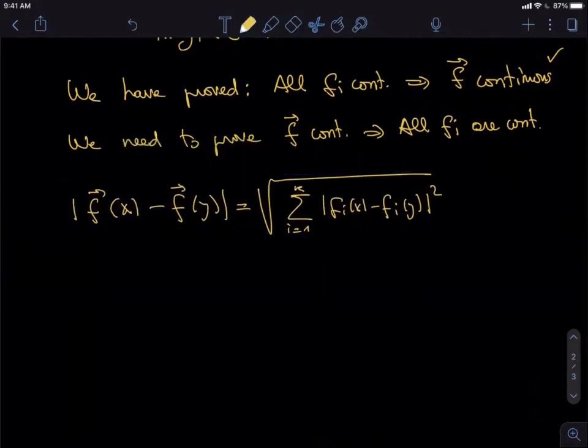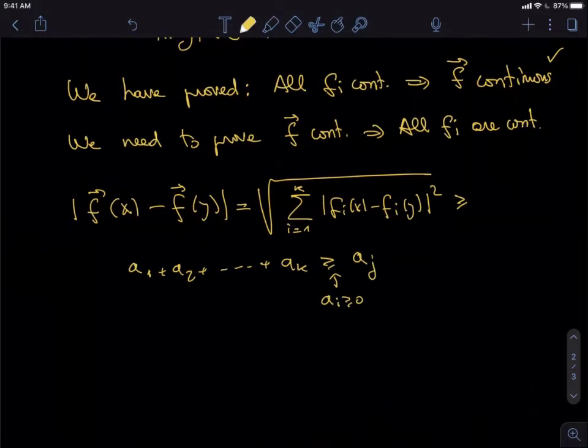Notice that because this is a sum of positive things, if I sum a bunch of numbers, a1 plus a2 plus up to ak, if all of them are non-negative, then the sum is larger than any particular instance.